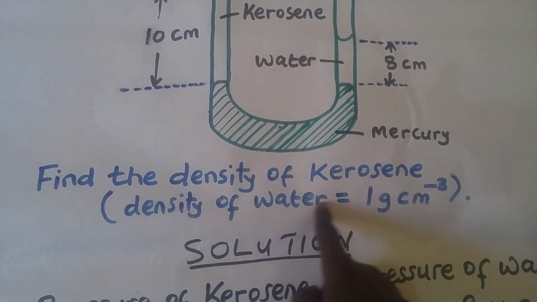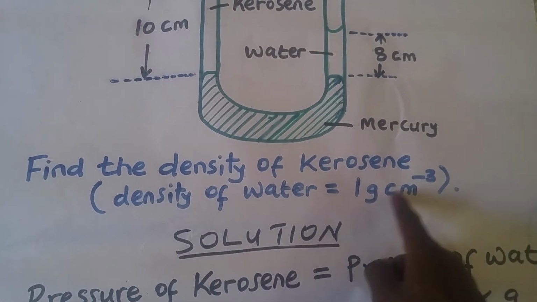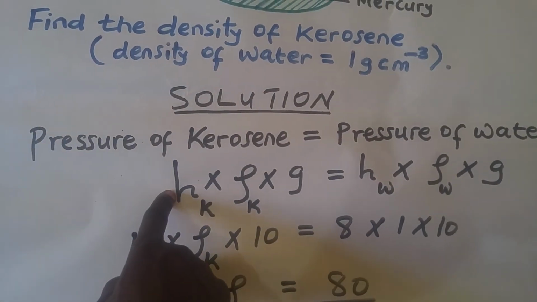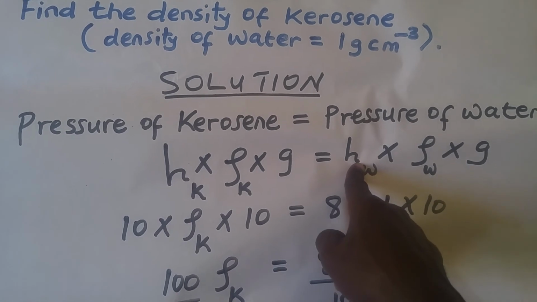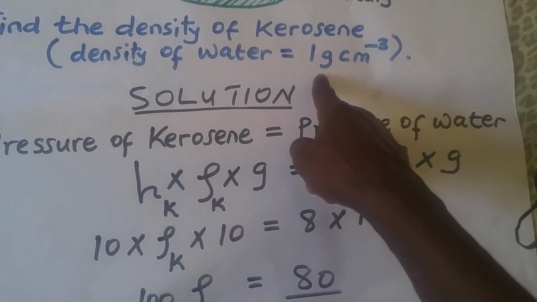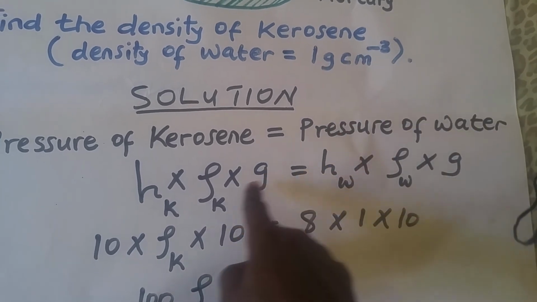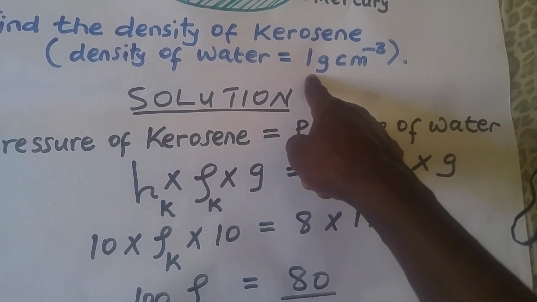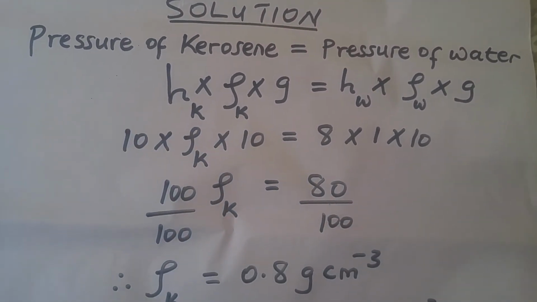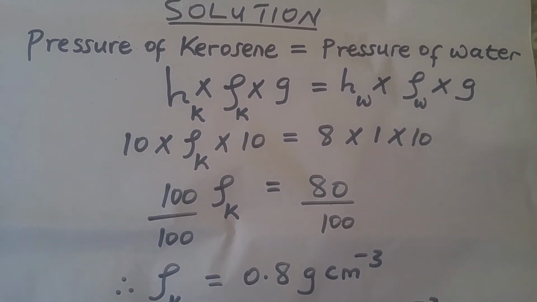The density of water was given in grams per centimeter cubed. So what does that mean? If the heights are in centimeters, and the density of water is given in grams per centimeter cubed, it means the density of kerosene should also be in grams per centimeter cubed. So our answer here will be in grams per centimeter cubed.